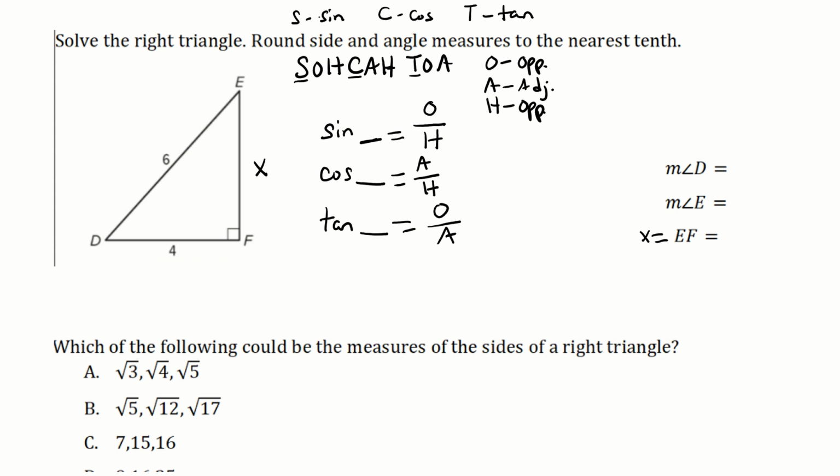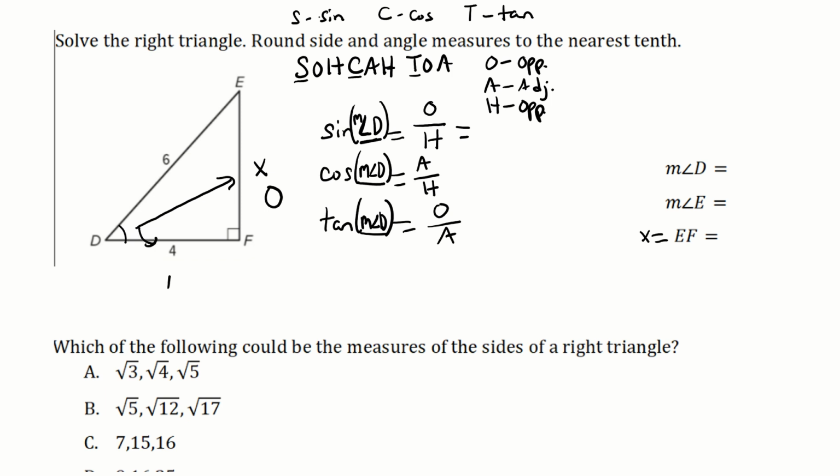Now, I'm just going to give you a few examples. Sine of the measure of angle D, cosine of the measure of angle D, and tangent of the measure of angle D. This is just talking about angle D. If I use angle D as my angle, then this is opposite.